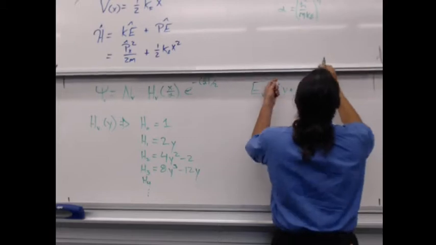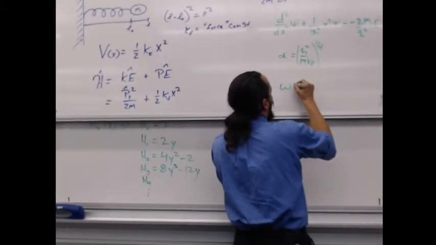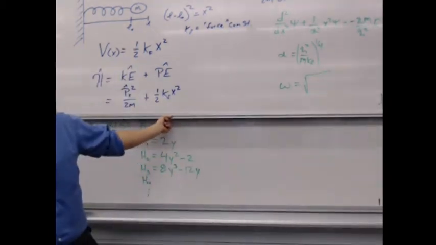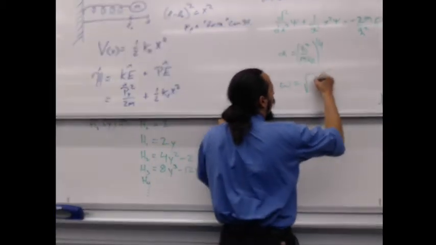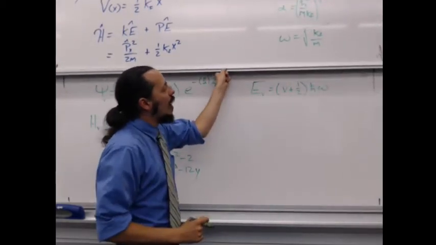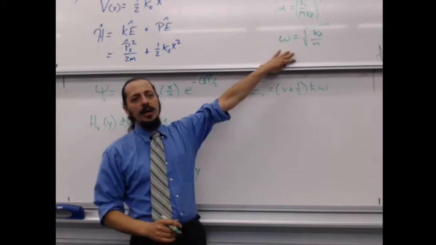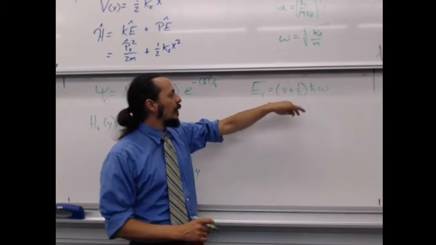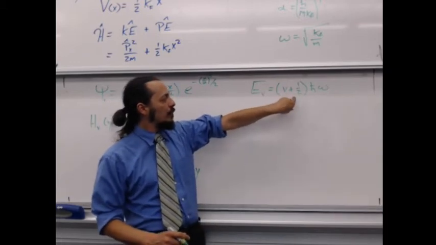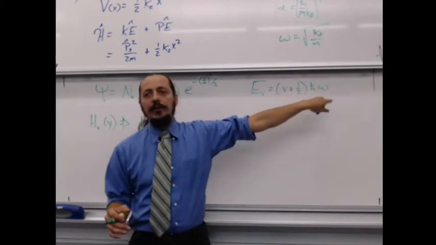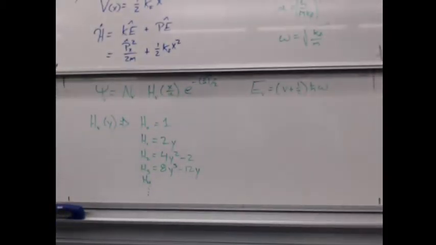I'm going to put the definition for omega right here: the square root of k_f over m. So again, omega is kind of like your vibrational frequency. It depends on the spring constant and the mass. And then our energy is going to be related to which vibrational mode we're looking at, how much we're stretching the spring, and its characteristic frequency, depending on its mass and its spring constant.